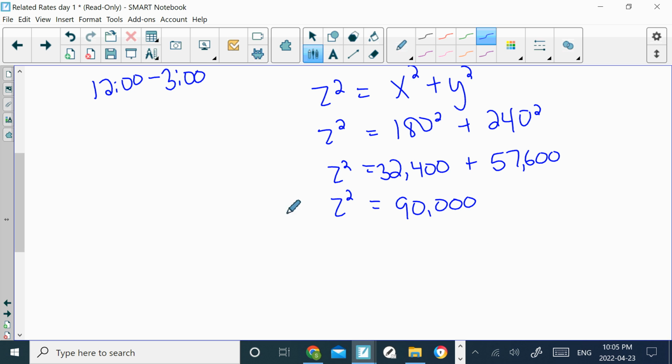And square rooting 90,000, we will get the distance between those two cars 3 hours later. It's going to be 300 miles.